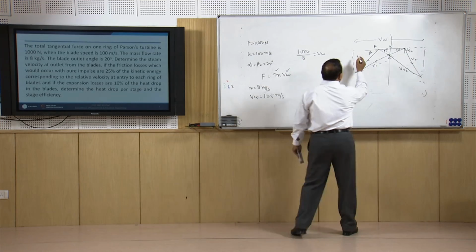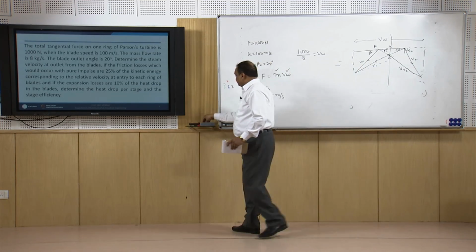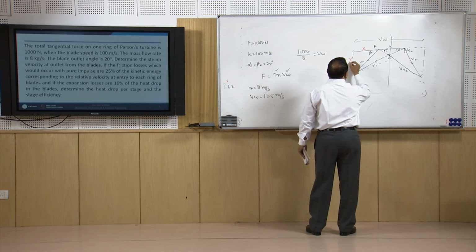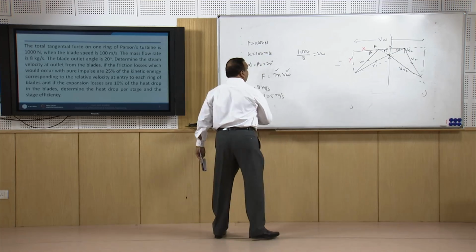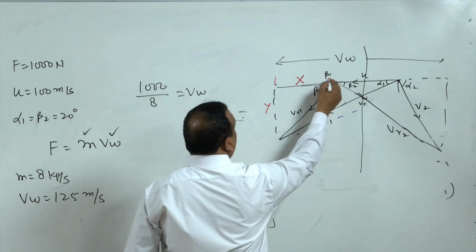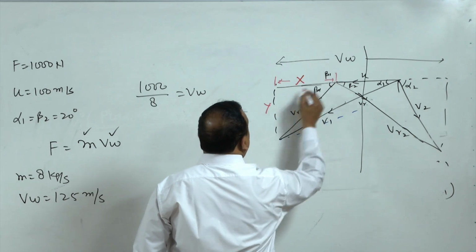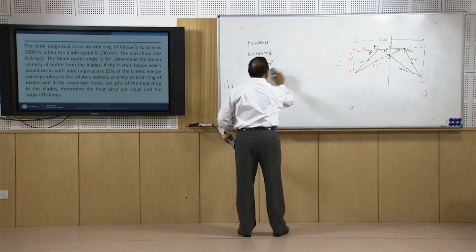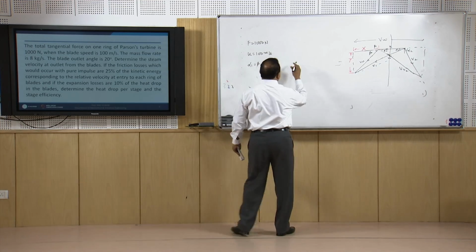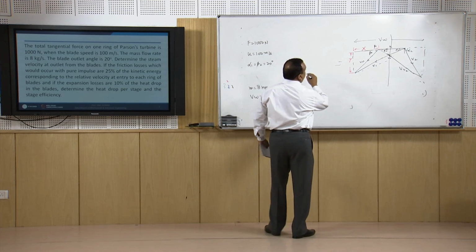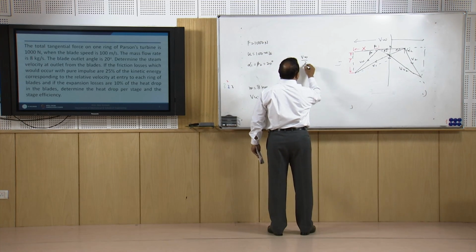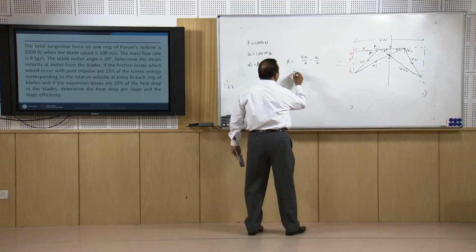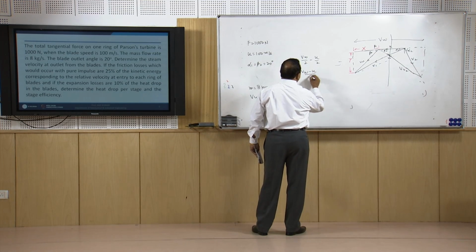So, if we take this x and suppose this is y, x is this much. Right. So, x is VW by 2 minus U by 2, or (VW minus U) by 2.